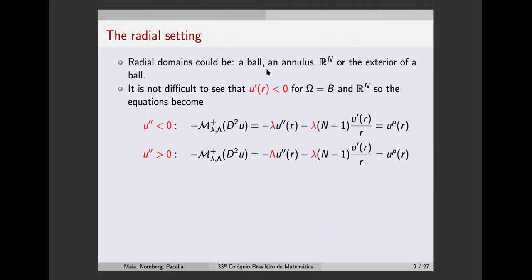Radial domains which are tractable are the ball, the annulus, R^n, and the exterior of a ball. It's not difficult to see that the solution u is decreasing with r for omega a ball or R^n.